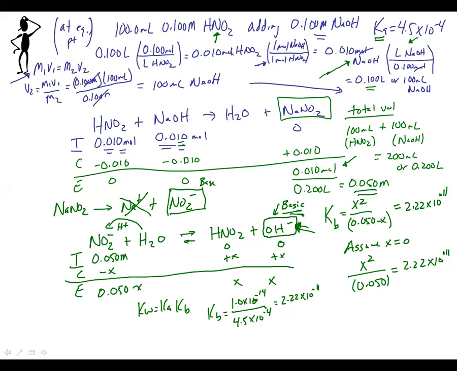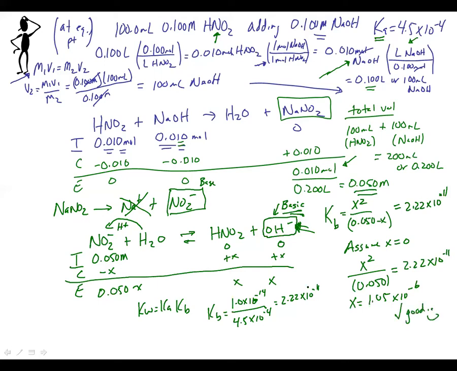And if I do that, we get an answer of X equal to 1.05 times 10 to the minus 6. We do want to check it, so we're going to divide it by 0.05 and multiply by 100, and you get 0.002%. So the check is good.